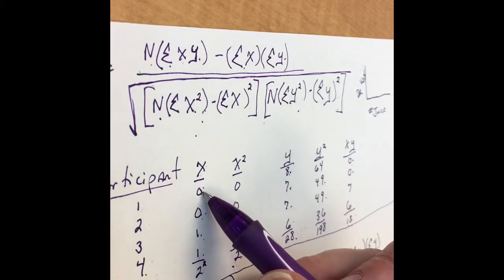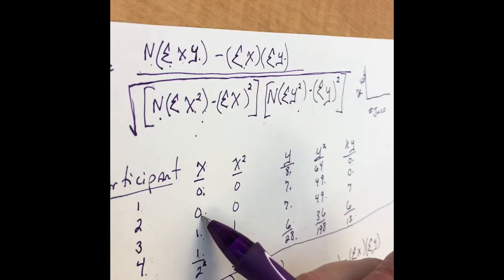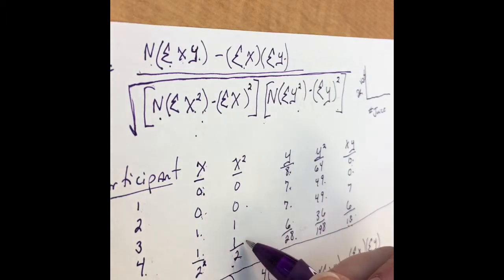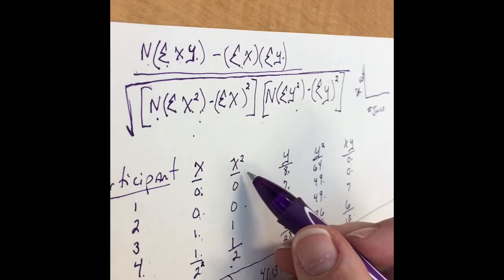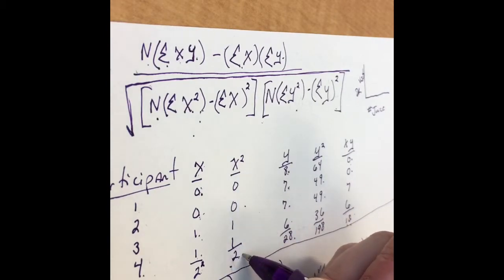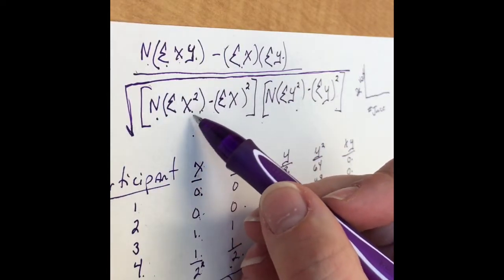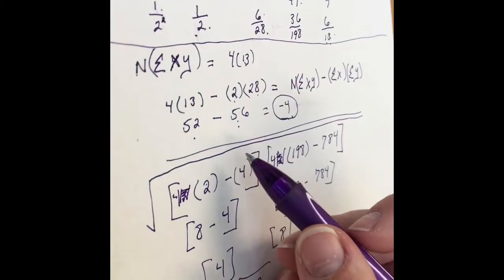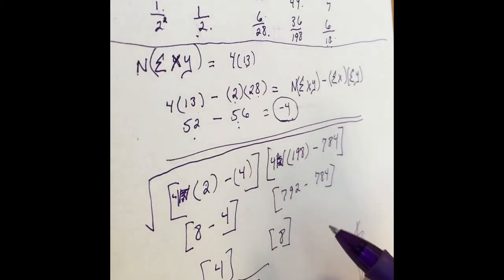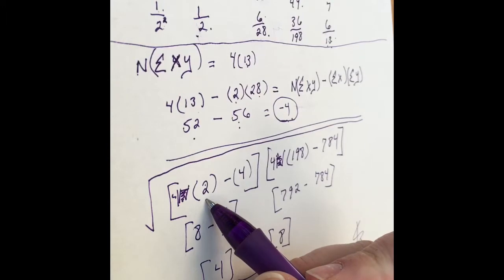Well, here it's easy. 0 squared is 0. 0 squared is 0 again. 1 squared is 1. 1 squared is also 1. And if you add all these up, you get 2. So this portion right here is now 2. So we can plug that into our little equation, and we have 2.